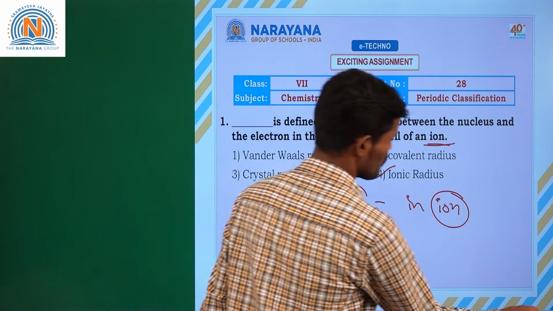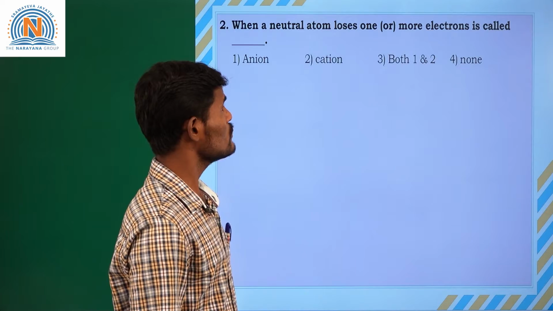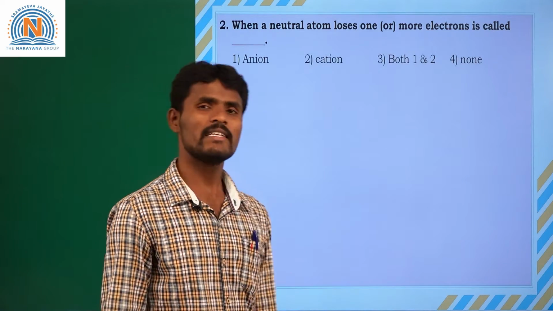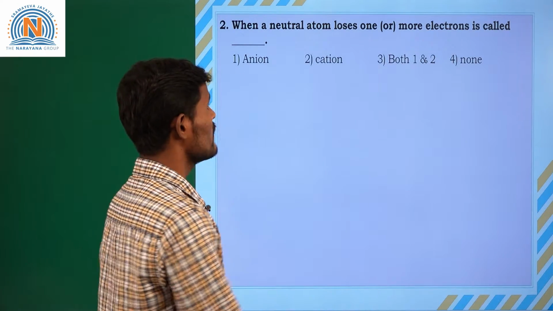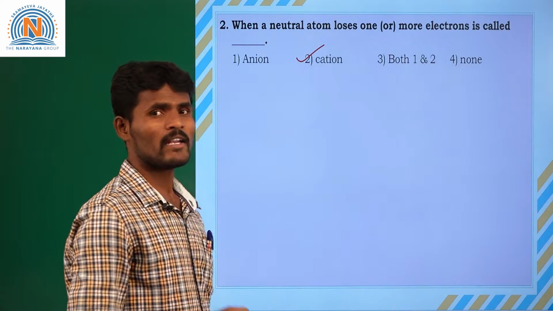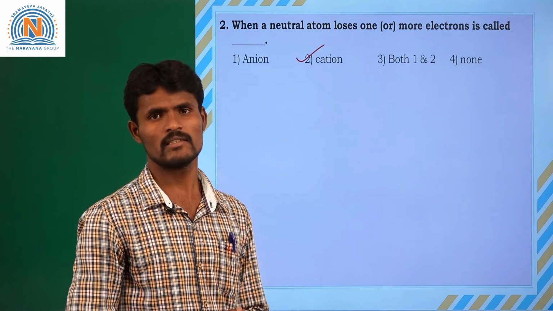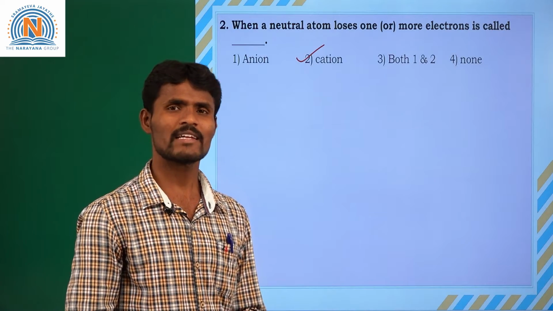Next, second question. When a neutral atom loses one or more electrons, it is called a cation. When an atom loses one or more electrons, it forms a positive charge, and a positive charge is nothing but a cation.